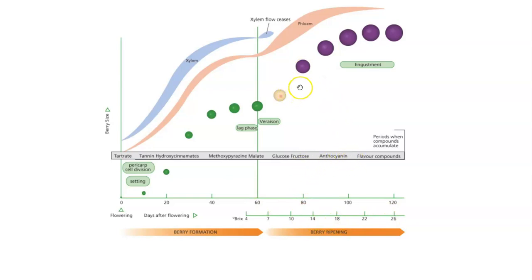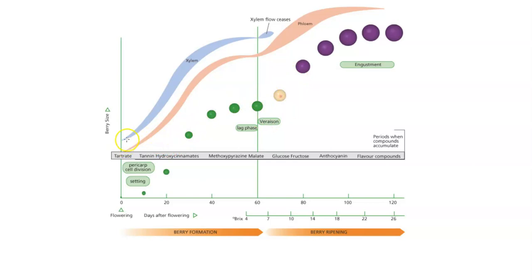So anthocyanins increase, of course, in red grapes during Veraison, and then they decrease slightly right before harvest. And then a lot of flavor compounds are actually being developed here, like the precursors. And then here they actually start to form the true precursors. I'm not going to go into too much detail there.